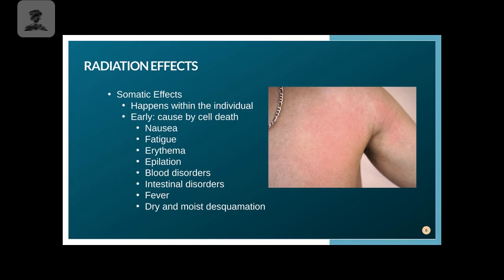Dry and moist desquamation. So those are some skin irritations where the dry desquamation is kind of like eczema, like really, really dry skin that's starting to peel off more than just erythema, but really starting to peel off. And then we have moist desquamation, and that's usually between crevices where we see that it's almost like a blister that's kind of ripping and tearing at the skin.